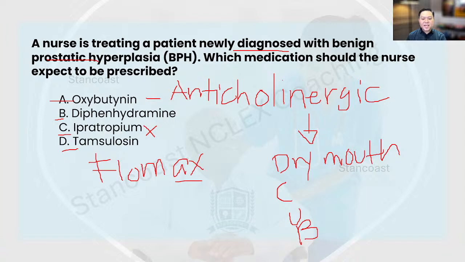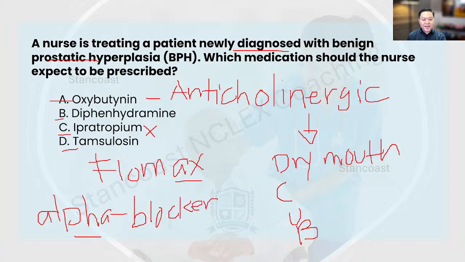What was the classification of this drug? This is the alpha blocker, which is basically an antihypertensive medication. And remember what side effect you can think of for the alpha blocker? It can cause orthostatic hypotension. Remember that side effect.